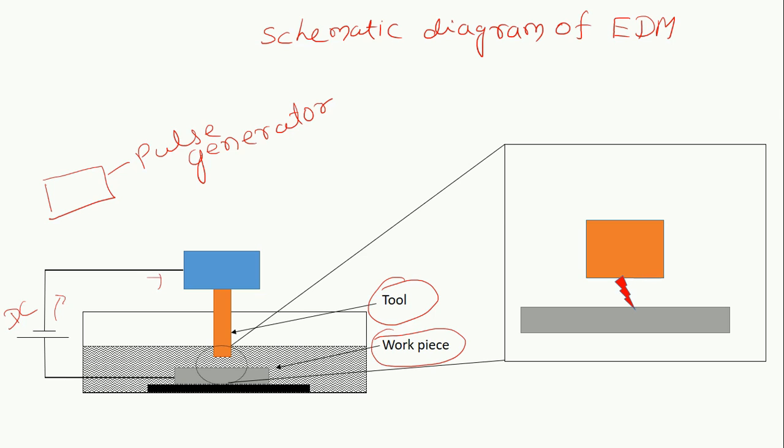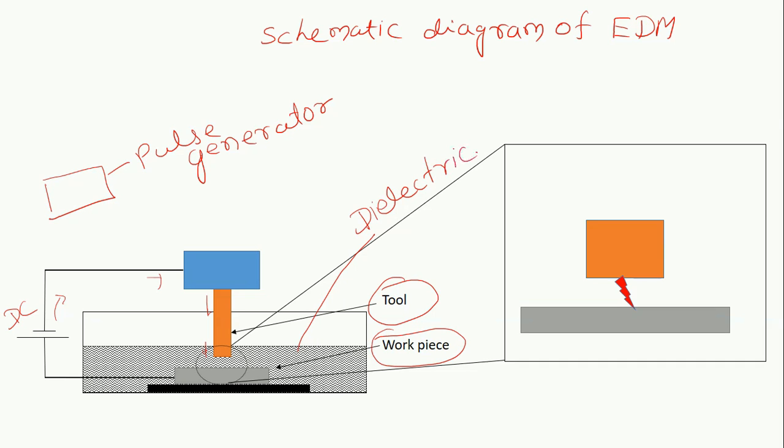When the electron moves through the tool and tries to jump to the workpiece, there is a certain gap between the tool and workpiece, and this gap is filled with a liquid known as the dielectric.